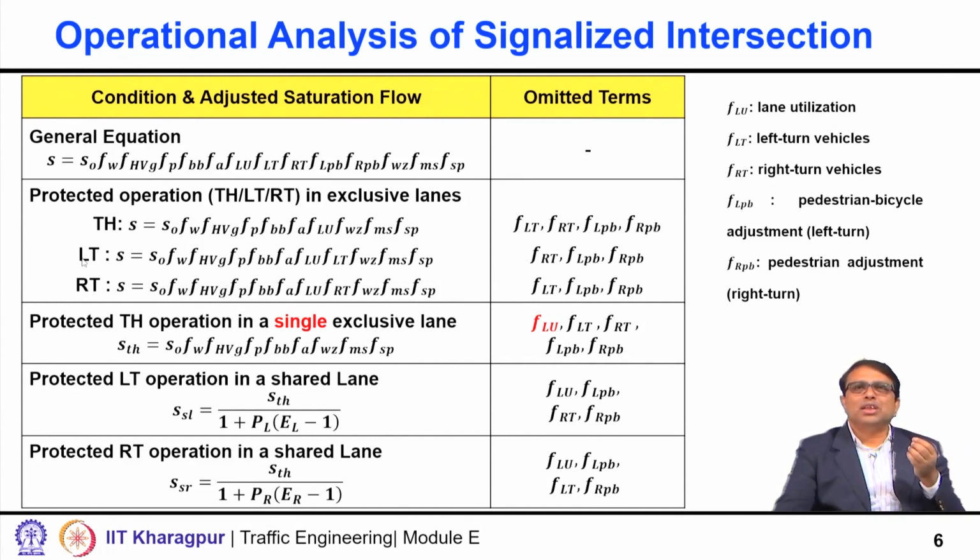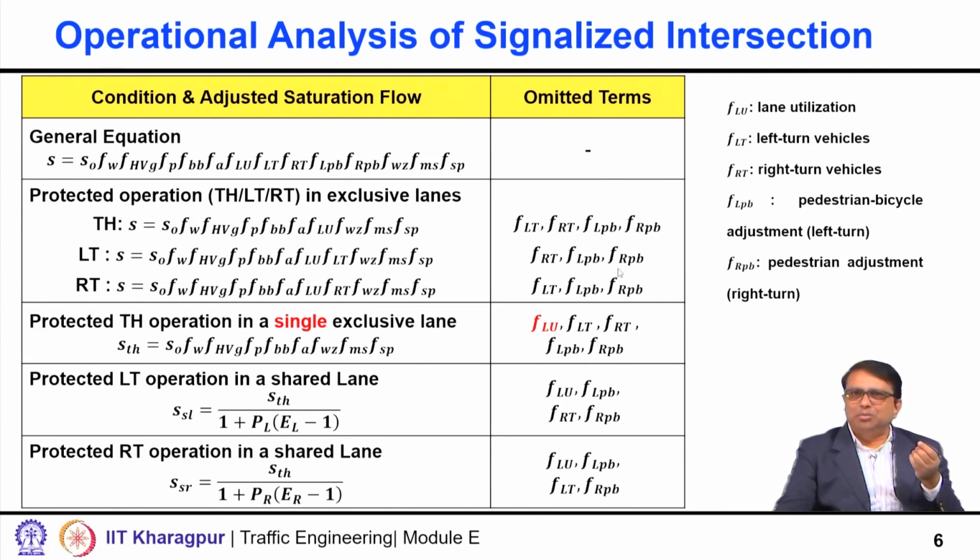Now, if you consider the left turn, then out of all these factors, if you consider exclusive lane left turn, then obviously the right turn vehicle adjustment will not be required.